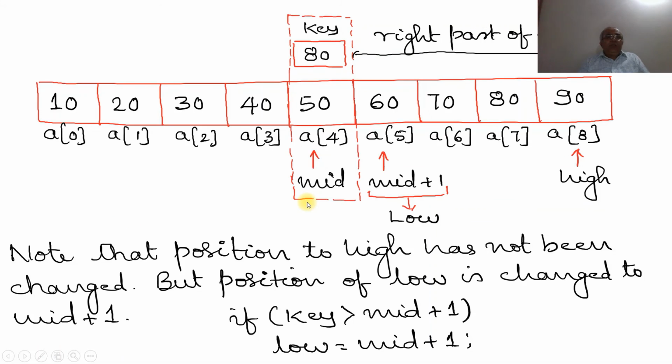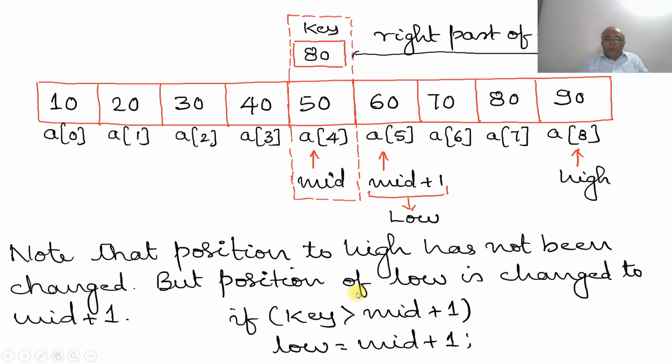Note that the position of high has not changed, but the position of low is changed from mid to mid plus 1. If key is greater than a of mid, then low should be equal to mid plus 1. It should be like that.